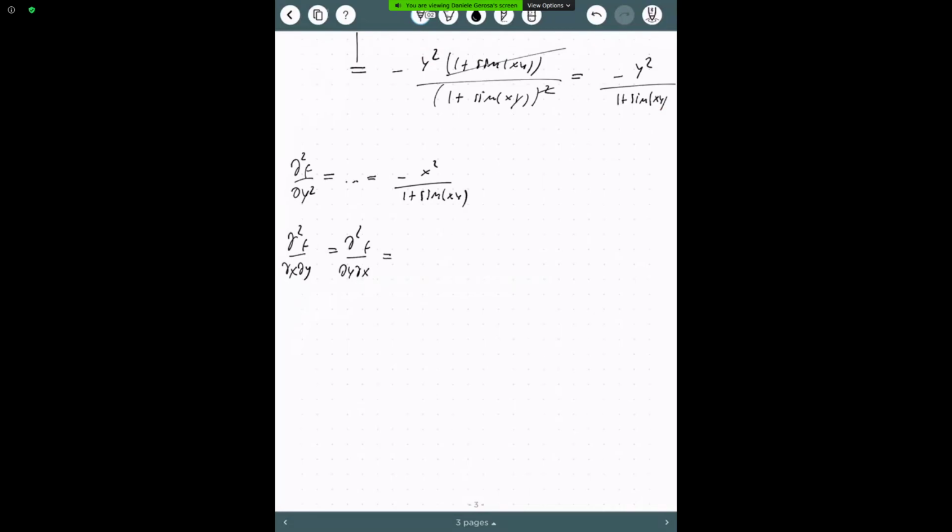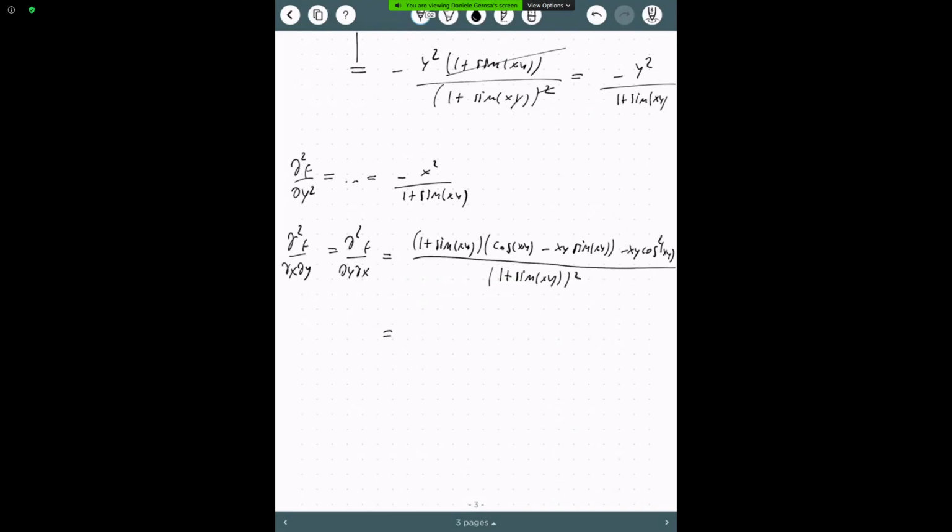Well, actually, this holds true probably in the domain. So we get that this is equal to 1 plus sine of xy, and then we have cosine of xy minus xy sine of xy minus xy cosine squared of xy divided by 1 plus sine xy squared.